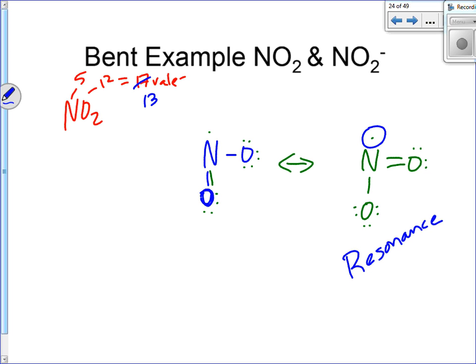And yes, so these are bent shape. And the angle is going to be probably greater than 104, okay? Because you only have the one little dot up there, not pushing down so far. But it won't be linear.